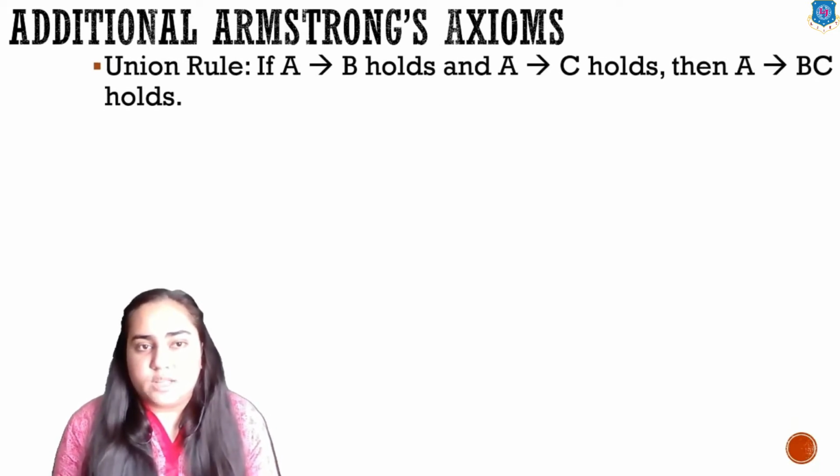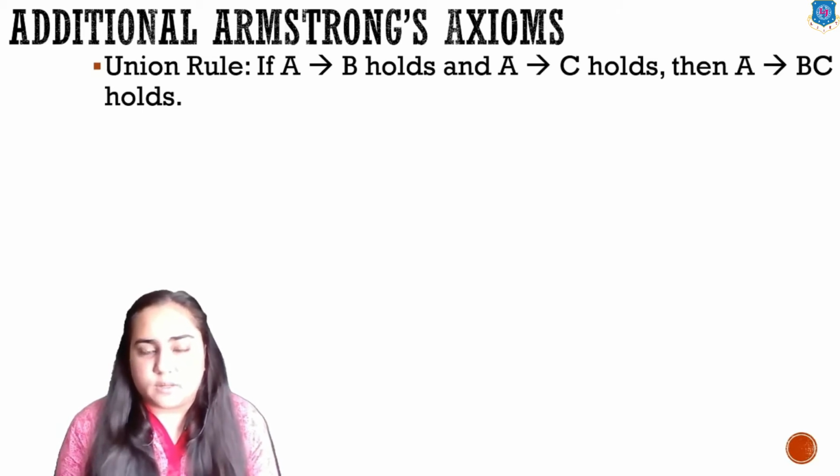The first additional rule we are going to talk about is the union rule, which says that if A determines B holds and A determines C holds, then A determines BC holds. What's happening is quite simple: in both A determines B and A determines C, on the left side you have just A, which is common.